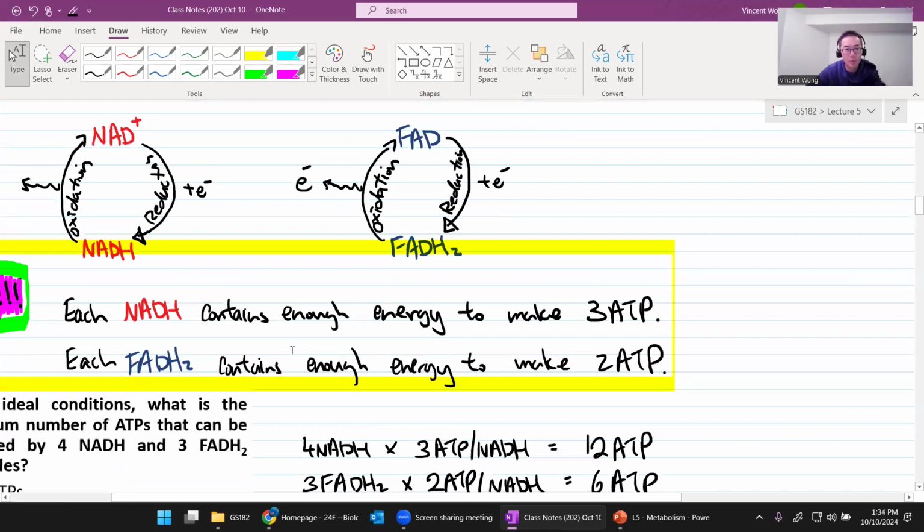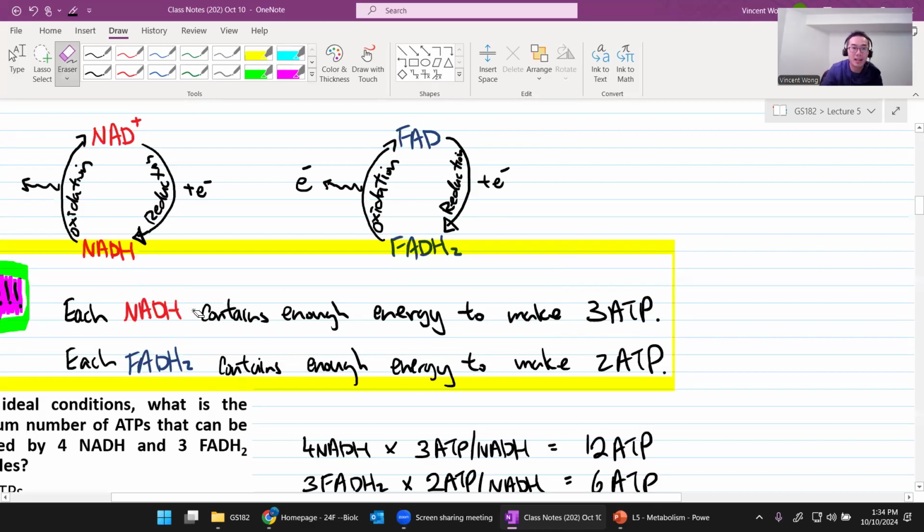So you should remind yourself 1 NADH is equivalent to 3 ATP, and 1 FADH2 is equivalent to 2 ATP. They are like currency. Like, what is it worth? It's like saying, a loonie is $1, a toonie is $2.